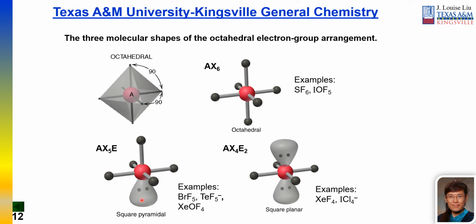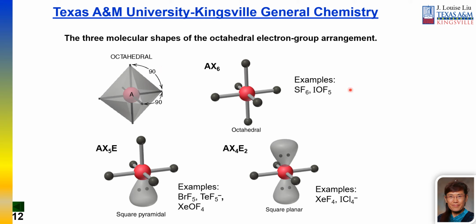Your lone pair is going to be located at the bottom of your structure. The very last one: if you have 2 X atoms replaced by 2 lone pairs, those 2 lone pairs will be opposite to each other, such as XeF4, and you are going to form a square planar structure.